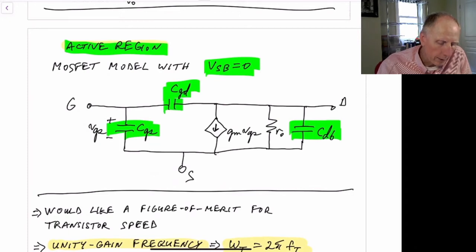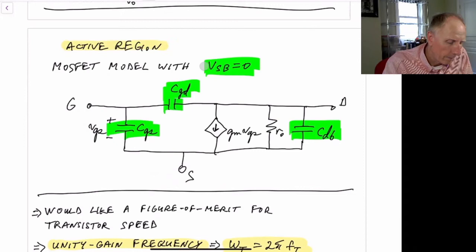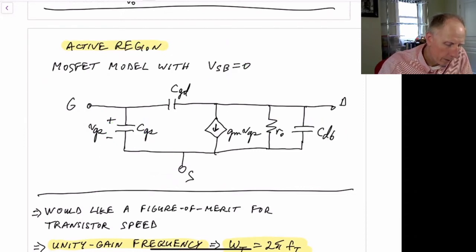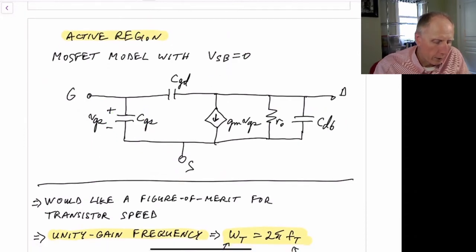And so we've also connected the drain to bulk capacitance to the source, because we're assuming the source and the bulk are tied together. So we have this model for a transistor. Without those 3 capacitors, it would just be our standard small signal model for a MOSFET transistor.